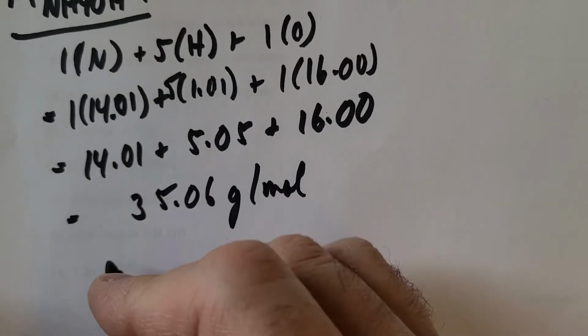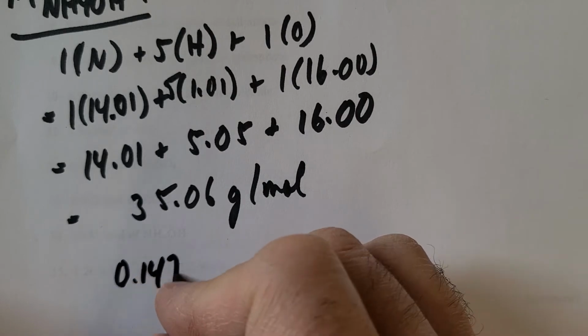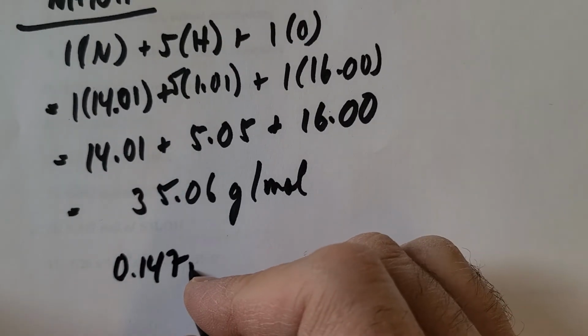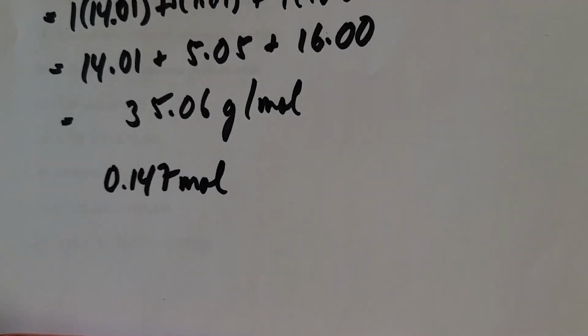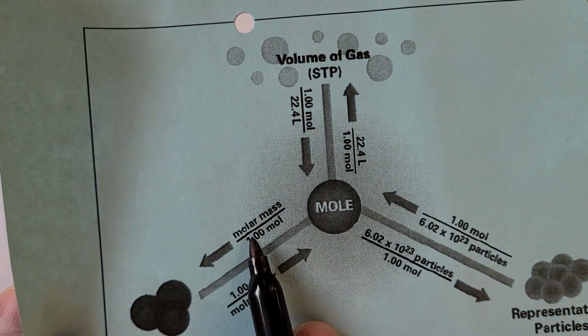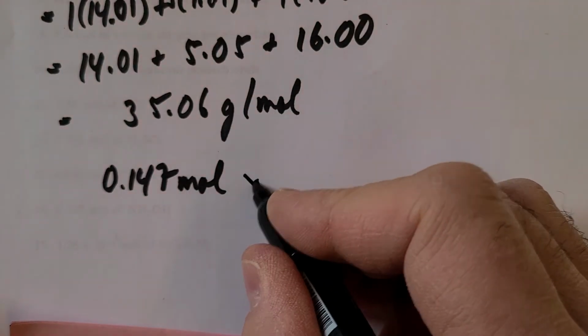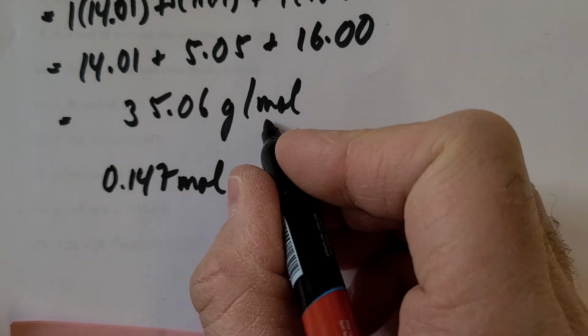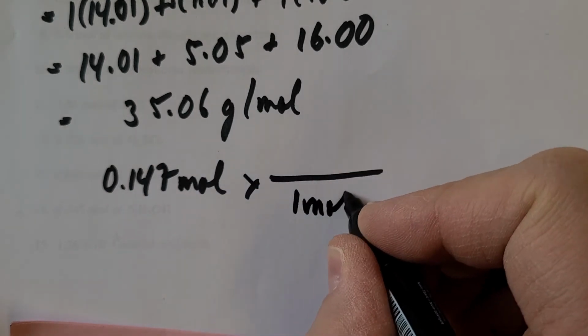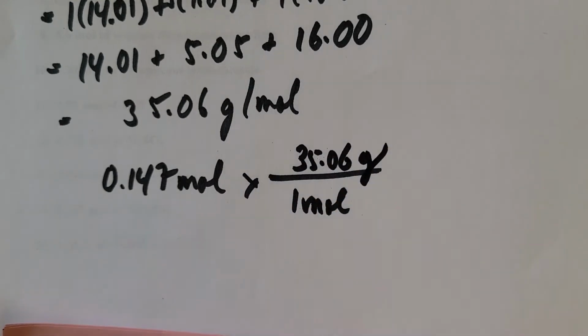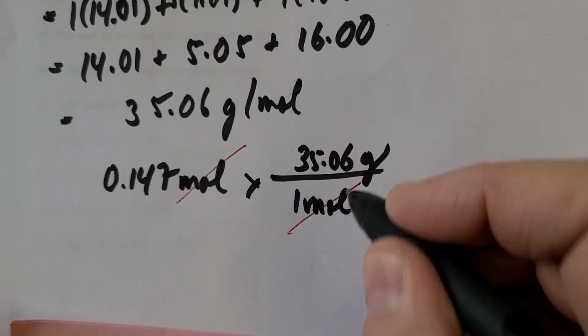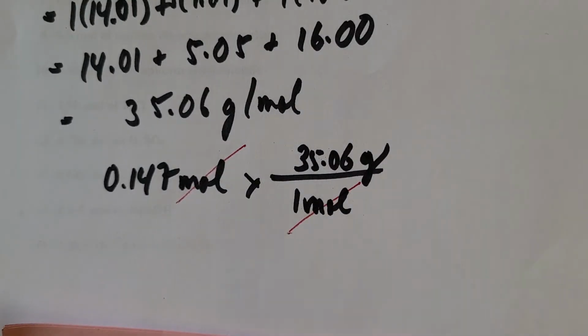So now that we have that, to go from moles to grams, we start off with what we're given. We have 0.147 moles of ammonium hydroxide. And going from moles on the bottom, mass on top, of course, we know that for every 1 mole, we have 35.06 grams. And if we're doing things right, we can cancel the units.